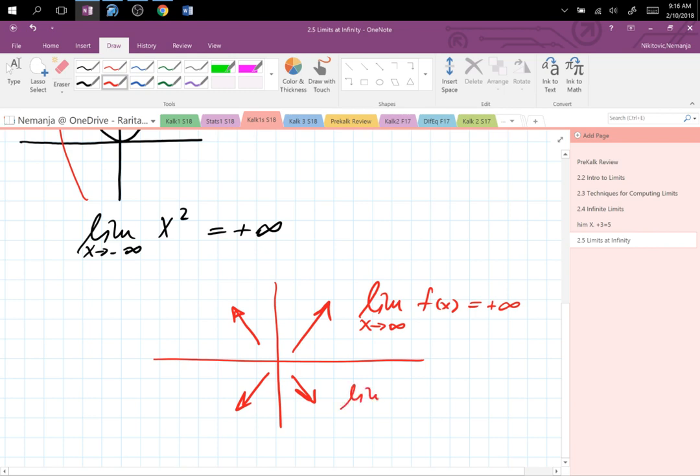For the one on the bottom, the limit as x goes again to positive infinity, because it goes to the right all the time, is negative infinity in y because of the answer. And this is the way to describe the end behavior.